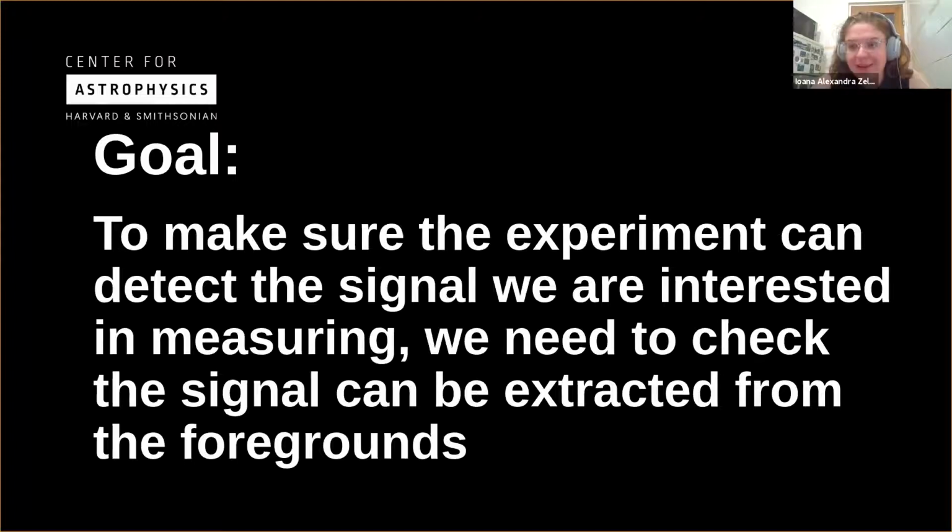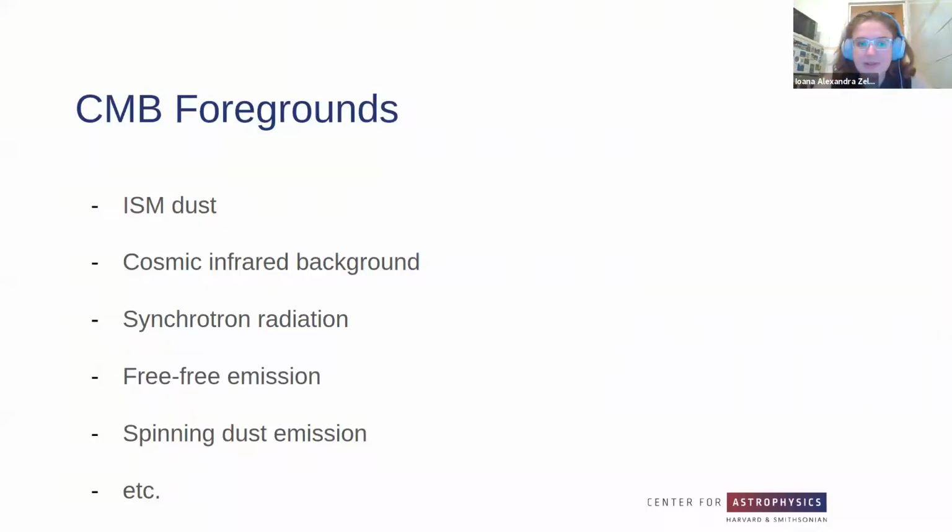So the primary goal is to make sure we can check that the signal can be extracted from the foregrounds. So for our experiments, it's not backgrounds, but foregrounds that are in front of the cosmic microwave background, as the universe evolved, that we need to take care of and remove. So there are many different radiation sources that overlap on the sky together.